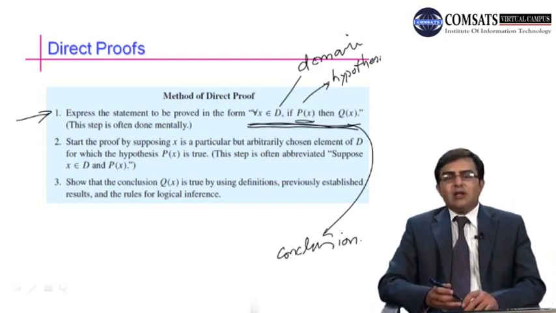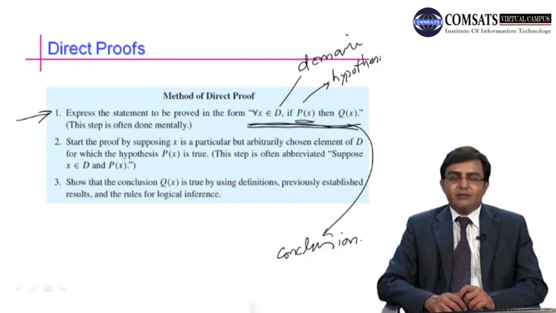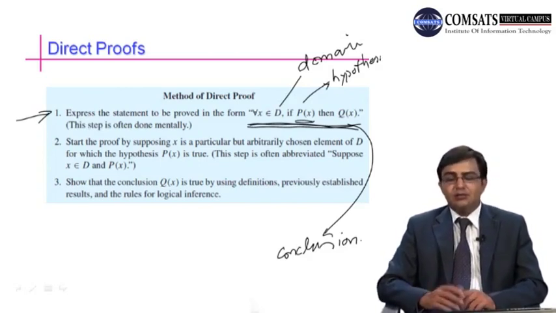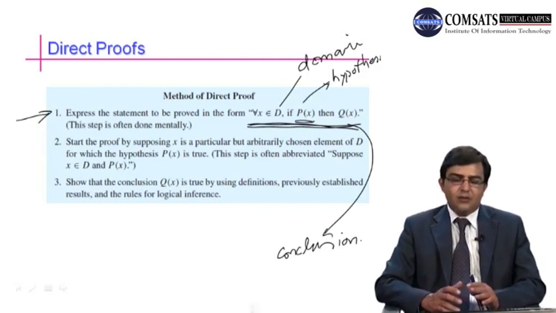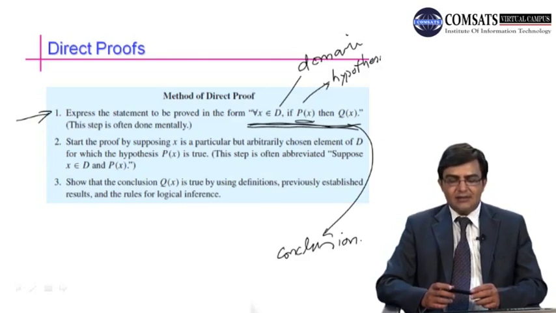So first of all, we shall convert the given statement into the universal conditional statement. That is, for all x belongs to domain, if the hypothesis is true, then the conclusion is true. Then how we prove it? In the second step, we start the proof by supposing x is a particular but arbitrarily chosen element of D, for which the hypothesis is true.